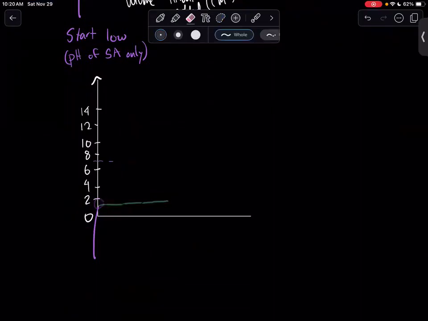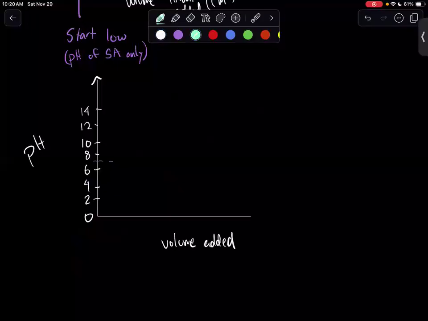For the pH of our strong base, strong acid, it's going to be the exact opposite. We're going to start high, slowly decrease, then a sharp change, then sharp change back. And once again, we have our equivalence point at 7.